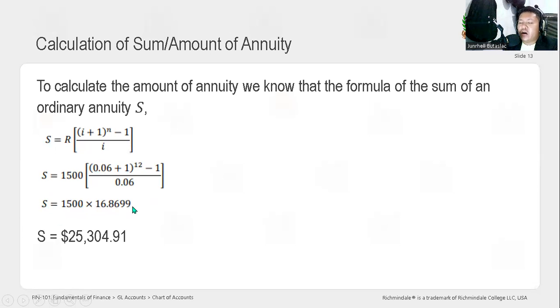During our assessment, you can just keep at least two decimal places. So when you multiply 1,500 by 16.8699, the answer is $25,304.91.